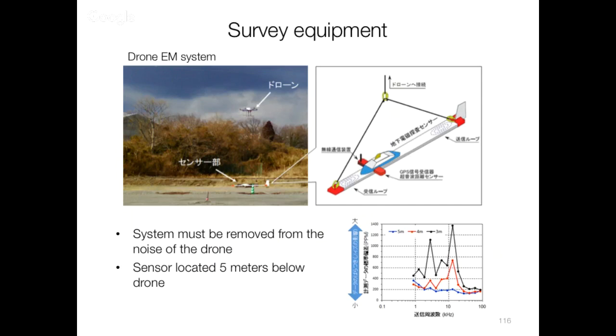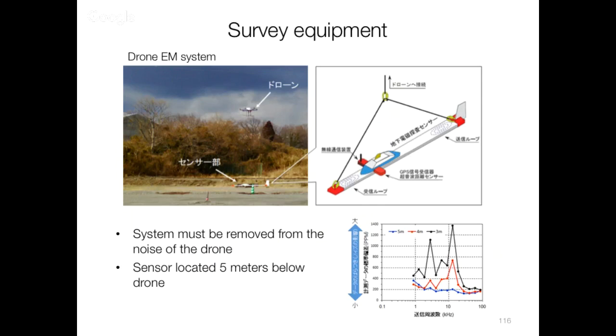You need a certain separation between the drone and the receiver, because the drone has a lot of electromagnetic noise associated with it. Here's a plot of the ambient noise when your sensor is 3 meters from the drone.